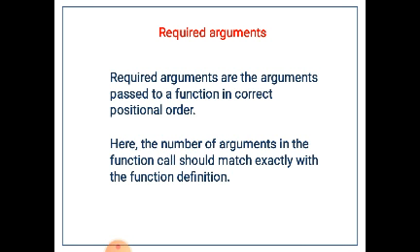Required arguments are the arguments that are passed into a function in an exact order. You can see the definition there. Required arguments are the arguments passed to a function in correct positional order. So the first argument sent to the function will be the first value.